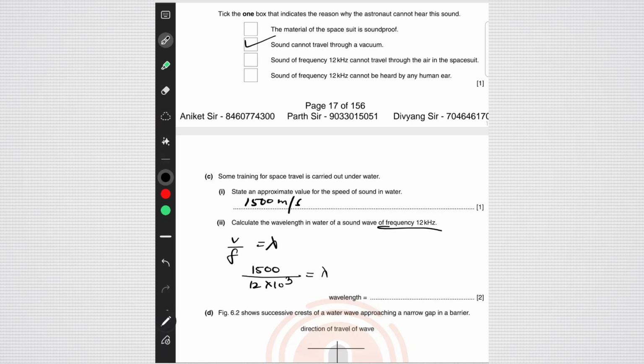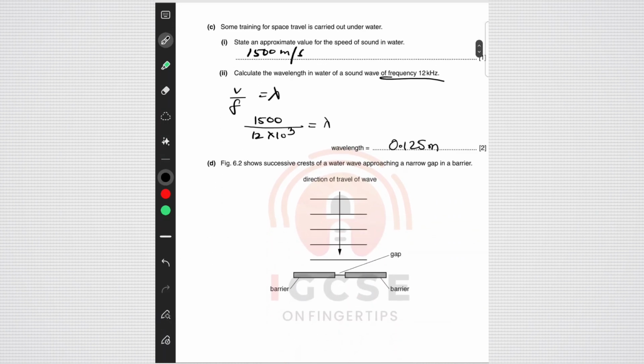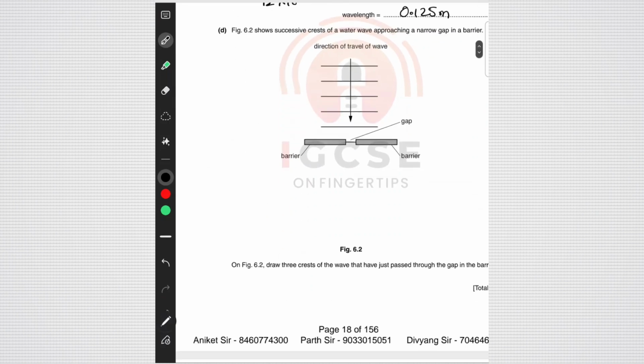This will be the value of lambda. Quickly adding that in my calculator, I find that it is 0.125 meter. Figure 6.2 shows successive crests of a water wave approaching a narrow gap in a barrier.